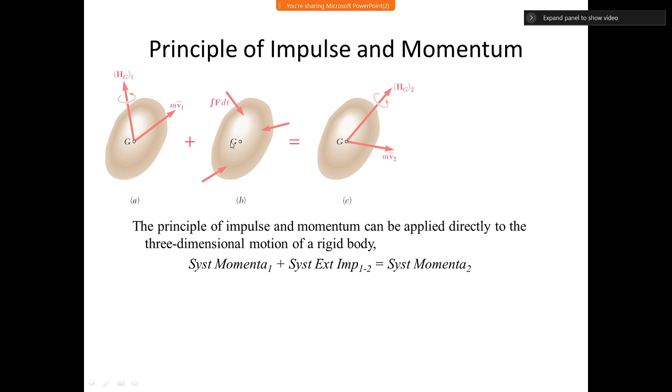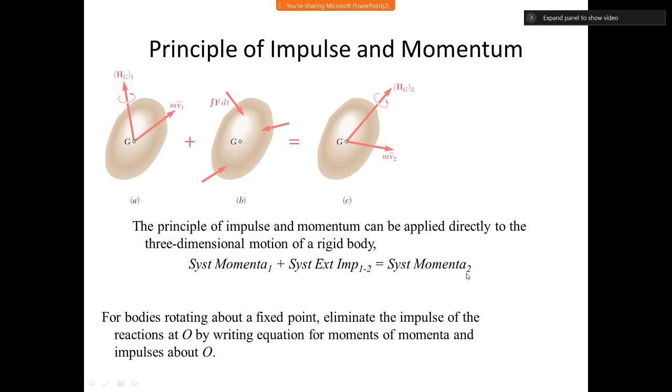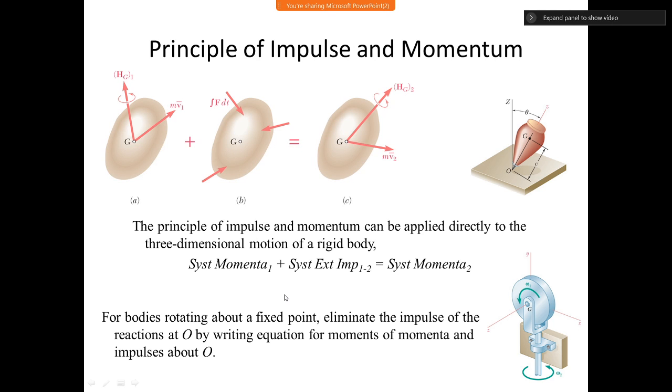Due to this impulse, the momentum changes, and the new momentum is mv2 and Hg2. So the momenta at the first configuration plus the impulse is equal to the momenta at the second configuration. The same thing can be written for the linear case as well as the rotational case.